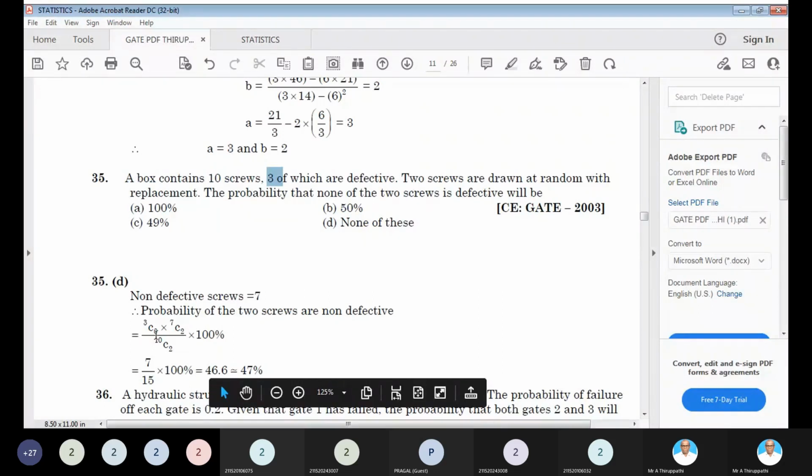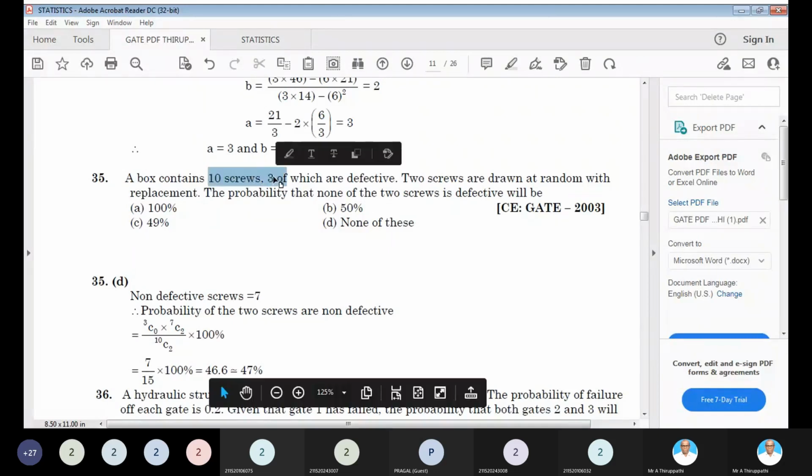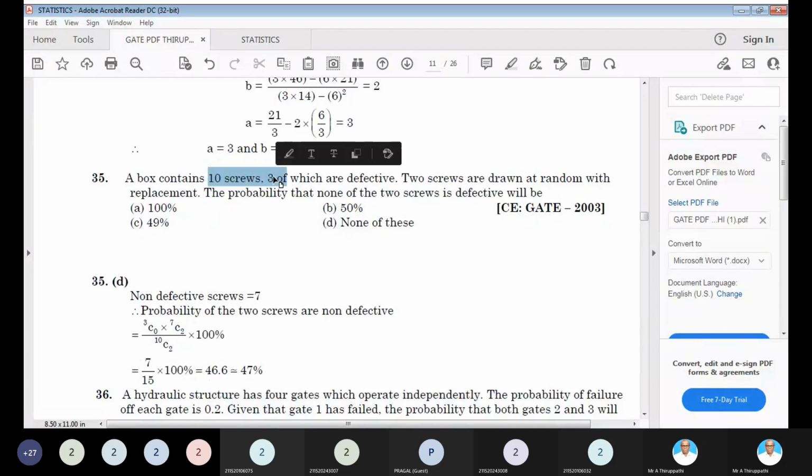3C0. So we are selecting only 2, and none of them defective. Totally 7 are non-defective, and we select 2 of them: 7C2 into 3C0, as no defective is selected, so 0. 7C2 into 3C0 divided by the total, 10 items given. 2 items are selected out of 10, so 10C2.